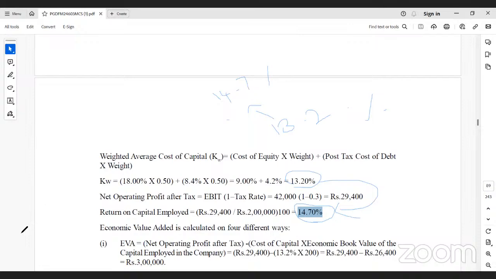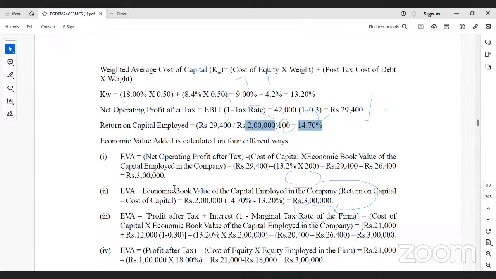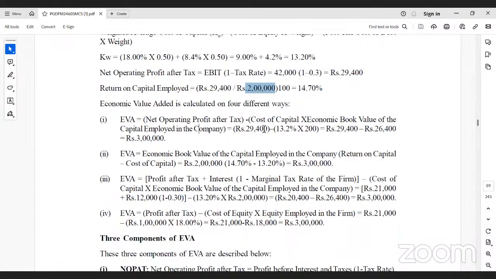So here it is calculated like this: net profit after tax is 29,000, minus 13.2% cost of capital on 200, proportionately, which is 3 lakh rupees in terms of EVA, economic value added.